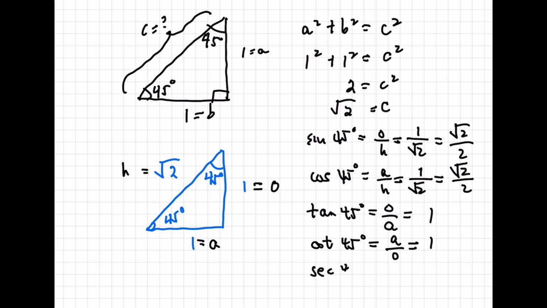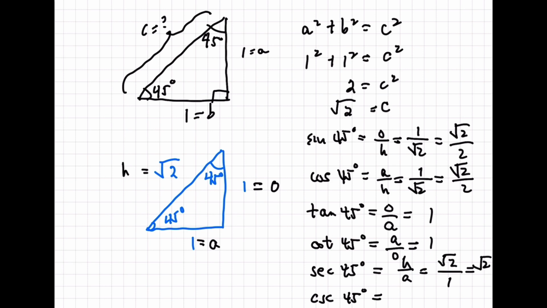For the secant, you already know that it should have the same value as your cosecant. So for secant, reciprocal of cosine, that's h over a. So your hypotenuse is square root of 2 divided by 1. So square root of 2.